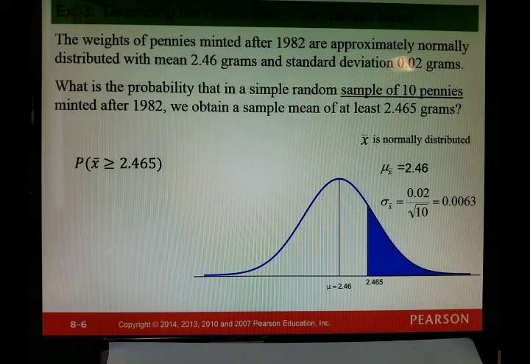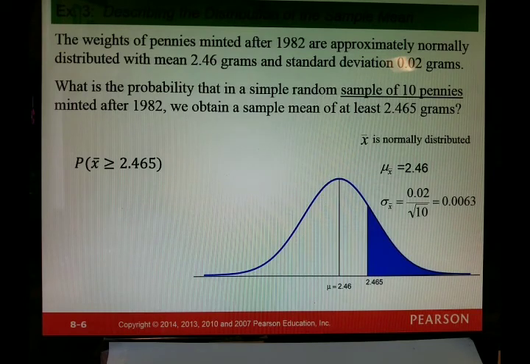So if we know that X bar is normally distributed, the mean of X bar remains the same, 2.46, but for the standard deviation we divide by the square root of how many are in our sample, which was 10. There's my new standard deviation. Now all I need to do is get my z-score and then take a normal CDF from that z-score to 100, because I want X greater than or equal to.